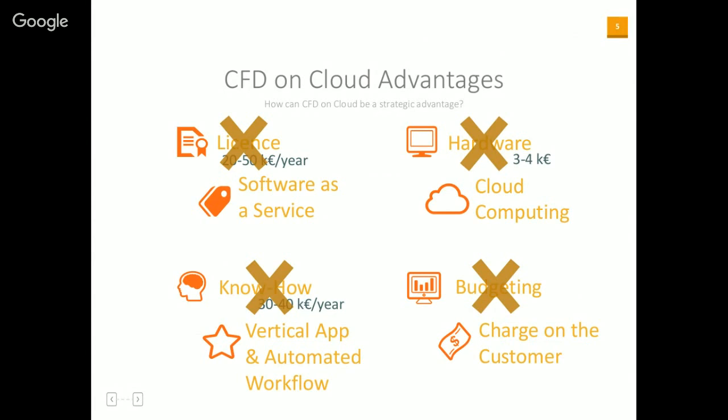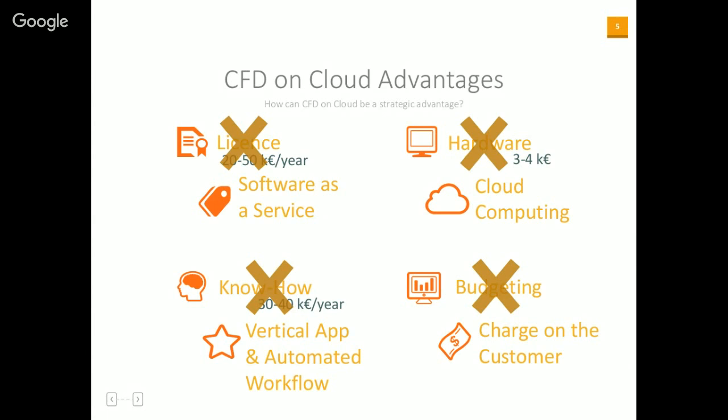First thing, you can forget about licenses. Since you're going to pay just for the simulation you need, allowed by the software as a service approach, you don't need to buy expensive licenses anymore. Relying on cloud computing, you don't have to buy high performance hardware.